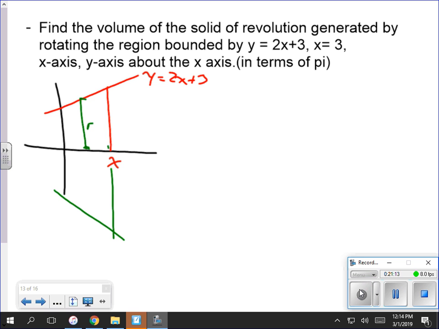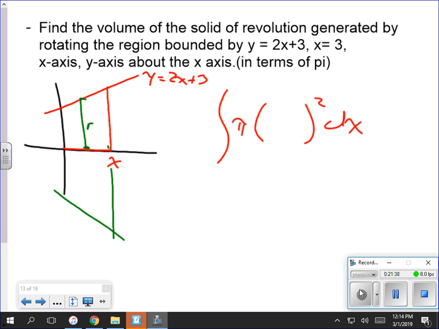Okay, so let's finish this off here. We have the integral of pi times our radius squared dx. Now we have to fill in our blanks. What's our radius? 2x plus 3.